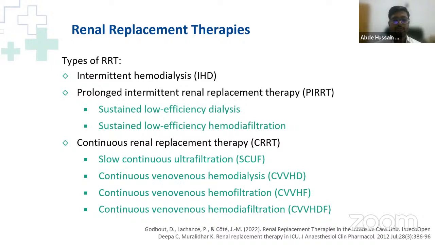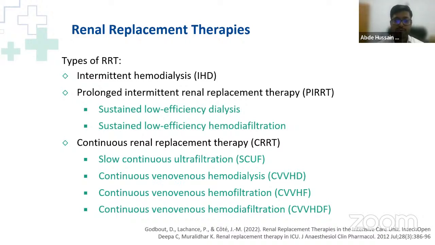Then there are certain prolonged intermittent renal replacement therapies, which are slightly different from CRRT. Again, the SLED, which is a kind of mixture of hemodialysis and CRRT. The blood flow rates are a bit less as compared to dialysis, but a bit faster than CRRT. Then comes the SCUF. In SCUF, only the ultrafiltrate is removed, unlike other CRRT where we remove all the electrolytes and toxins.